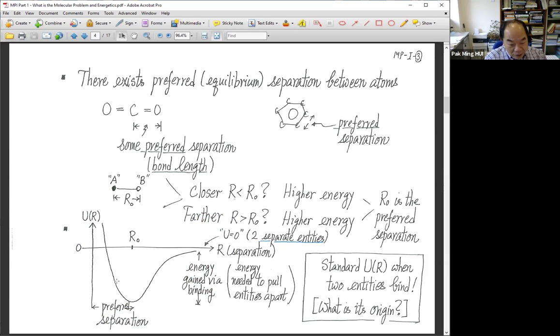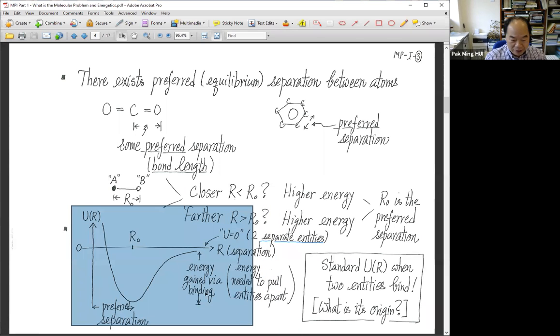And now, go ahead in thinking, near the minimum it is like a harmonic, it is parabolic, so it's like a harmonic oscillator, thereby there's some vibration motion when we discuss the two nuclei vibrating relative to each other, okay? So when there are things bind, think about this, okay?